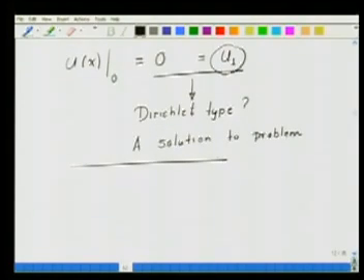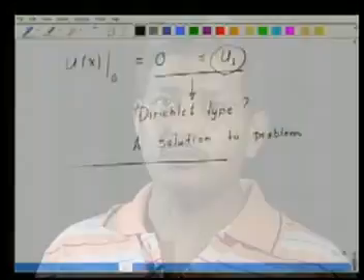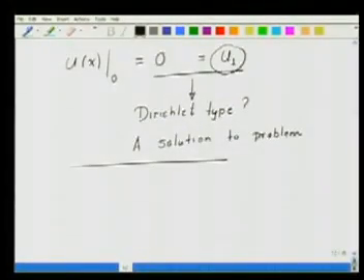So you see there was a very important issue that we have tackled here, that a solution to a problem may not exist. If I apply the loads wrongly or apply my boundary conditions wrongly, I will get a garbage solution. So let us look at another problem which has a little different boundary condition.